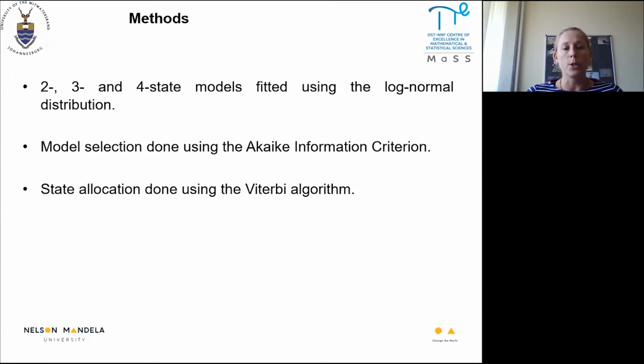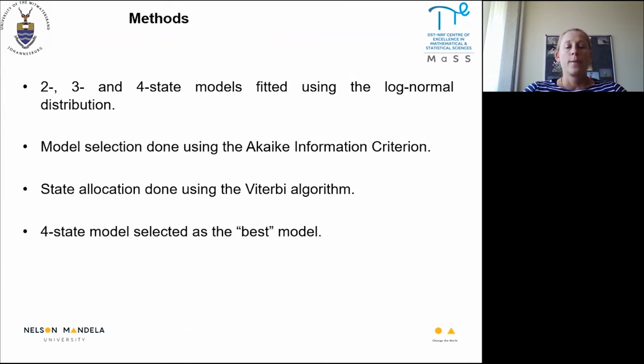Basically, it takes your input distances between successive locations, uses them to fit the model, and then predicts the underlying or hidden state using the Viterbi algorithm. For this lioness, a 4-state model was selected as the best model. That said, the AIC just finds which is the best of the models you've fitted. It's not telling you that it is most certainly the correct model, but of the ones we fitted, 4-state performed best.